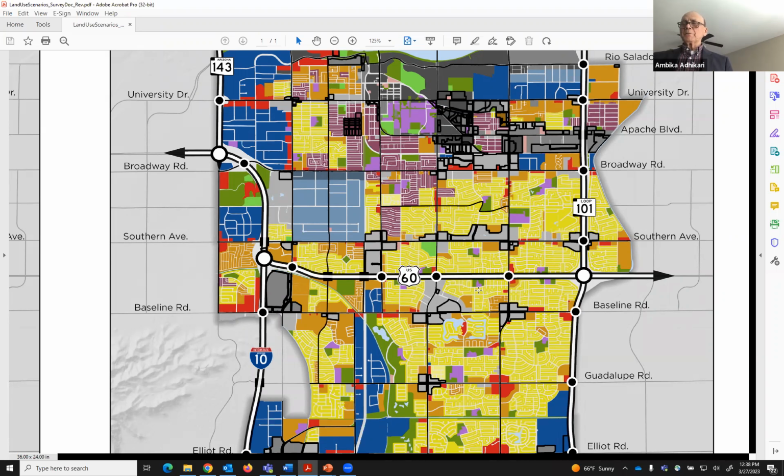It doesn't mean that from one point of the city to another you should be able to go there in 20 minutes, but all these amenities should be available for every resident. That's why what Jacob talked about, the land use hubs and the economic growth areas, make that possible. I hope that makes sense to you. It does. Thank you, Ambika.